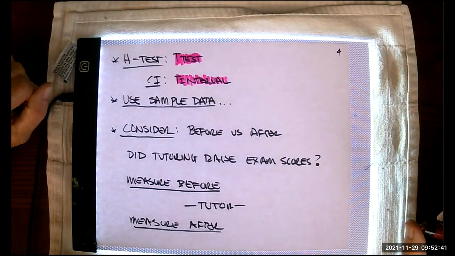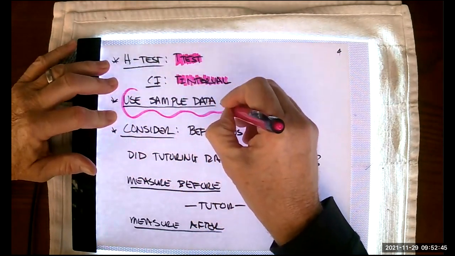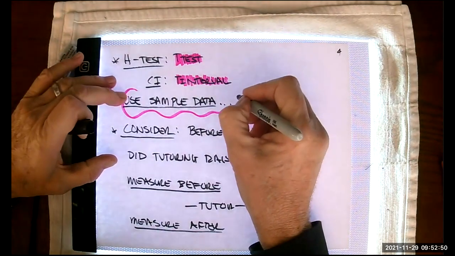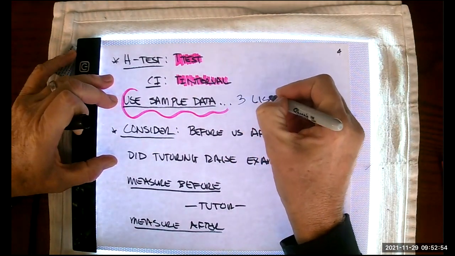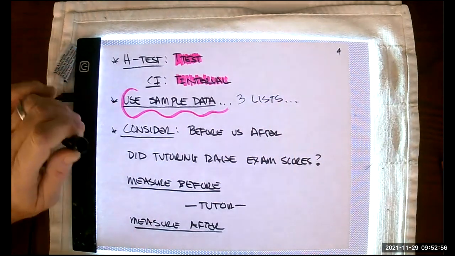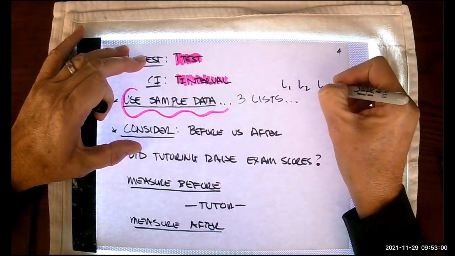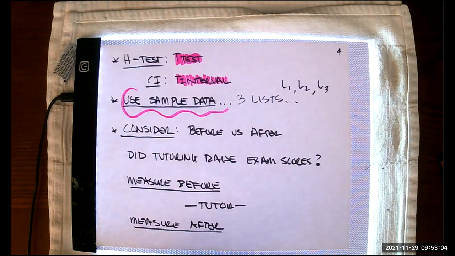The biggest change is that we use sample data. And that means that we will actually need to carry out our work. We will need a total of 3 distinct lists. Perhaps list 1, list 2, and list 3. As you'll see, we really work with raw data a lot when we deal with the topic of matched pairs.